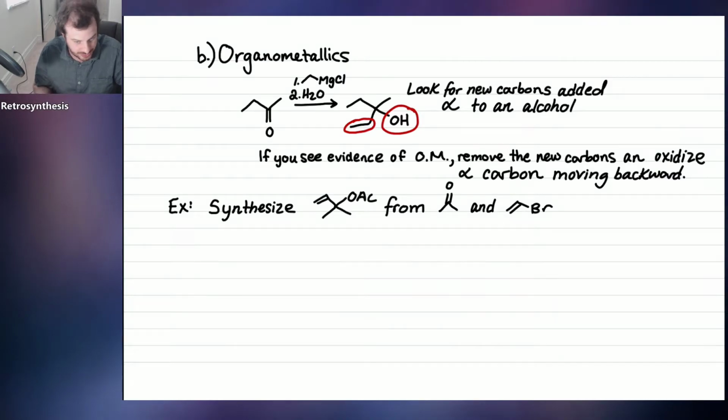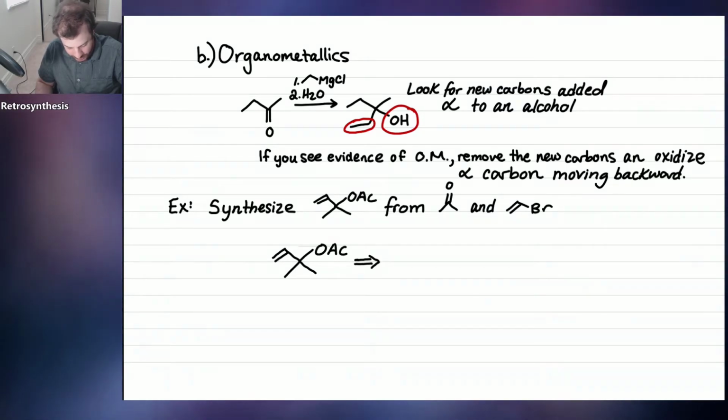Okay, so not obvious. Let's do a retrosynthesis to find out. So we'll start by drawing our desired target molecule, which is this. This is the desired molecule that they want us to synthesize. Now let's work backward from our desired target molecule.